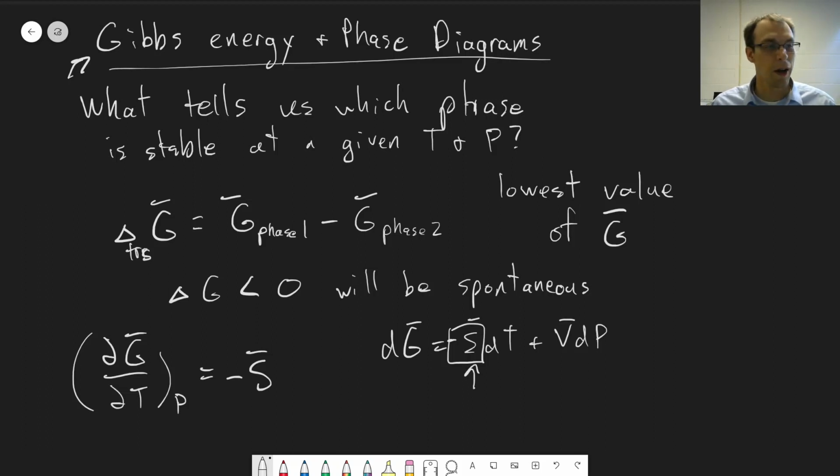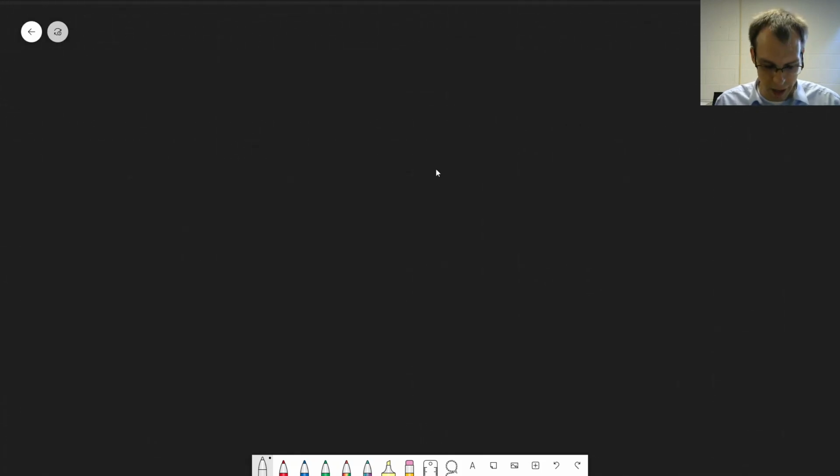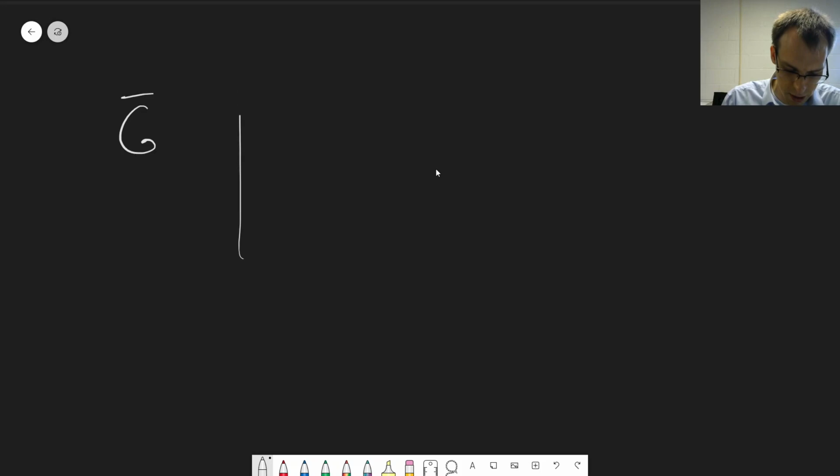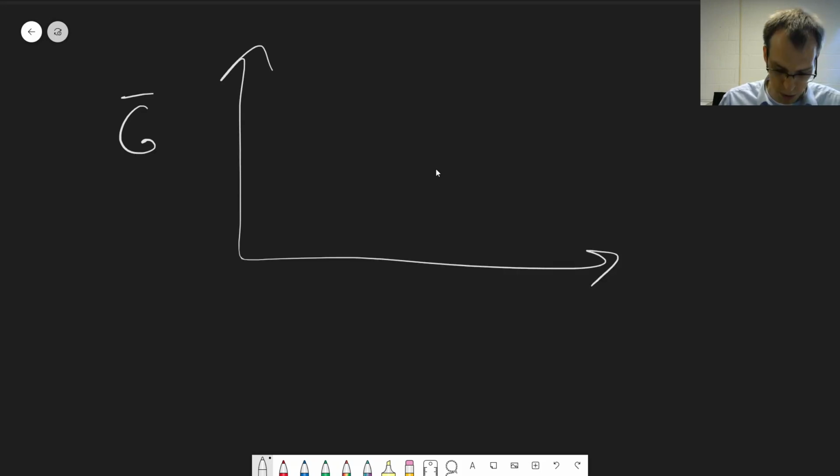Okay, so the slope of a line where we're looking at G versus temperature, if we're holding pressure constant, is equal to negative entropy. And what does that mean for us? Well, if we make a plot of the molar Gibbs energy versus temperature, we will see a negative slope, and that negative slope is equal to the molar entropy for that substance.